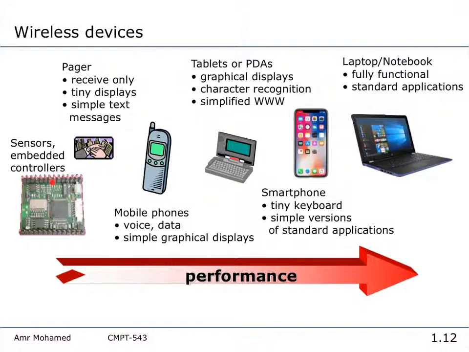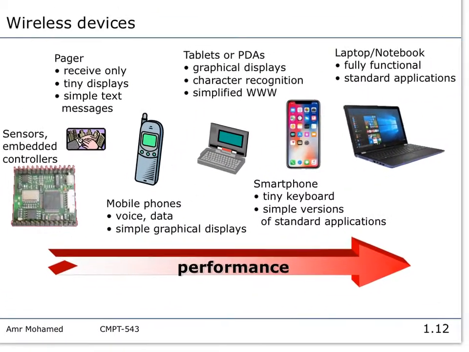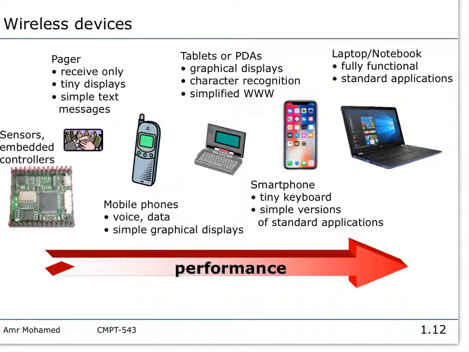You have sensors or embedded controllers, which have very, very low capability of computation, very low memory, and very low storage. Then mobile phones, the old mobile phones, of course, we don't have these anymore, then some tablets, and of course, we now have smartphones and laptops. Each of these types of devices has more storage and more computational capability.